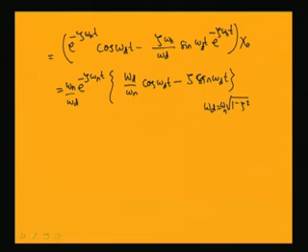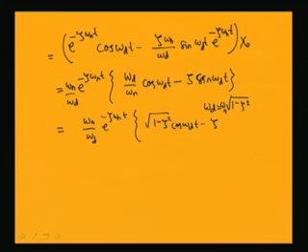So, this omega n will cancel. So, this becomes omega n by omega d e to the power minus zeta omega n t into root over 1 minus zeta square cos omega d t minus zeta sin omega d t.